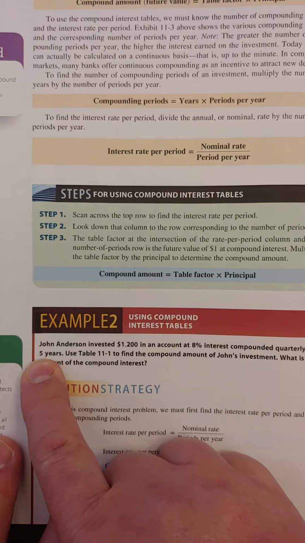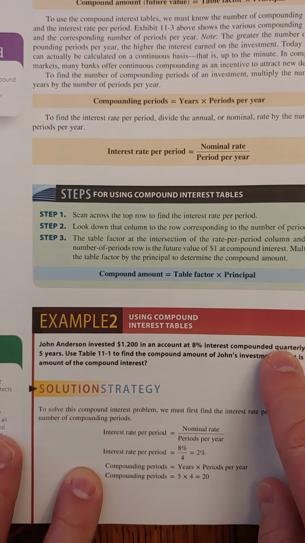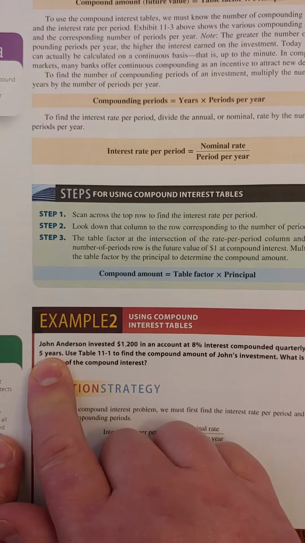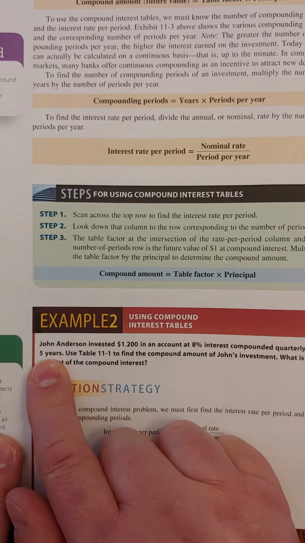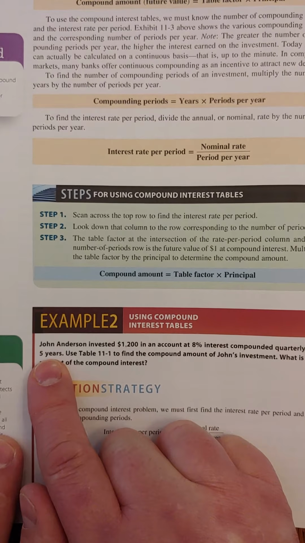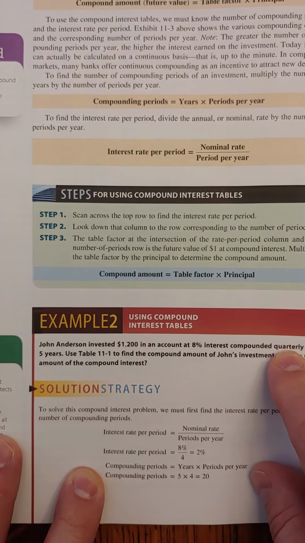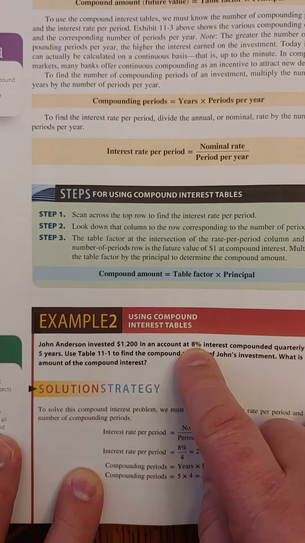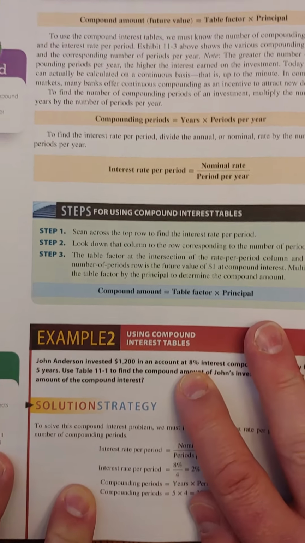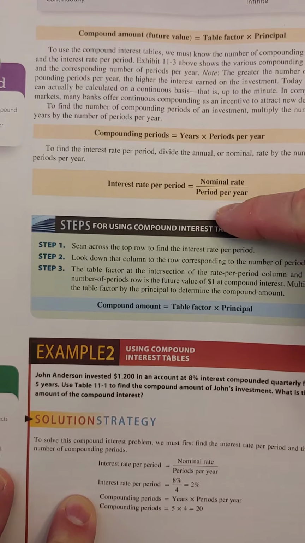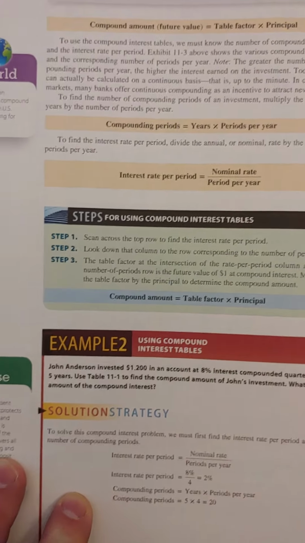And he's doing it for 5 years. So quarterly, 4 times 5, there's going to be a total of 20 periods. And if it's 4 times a year, the interest rate per period is 8% divided by 4, so the rate per period is 2%.